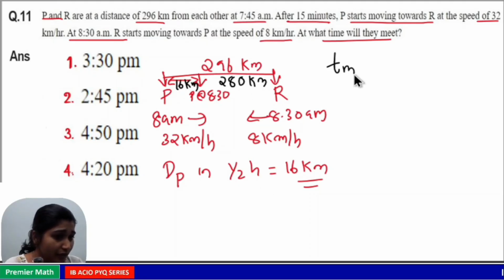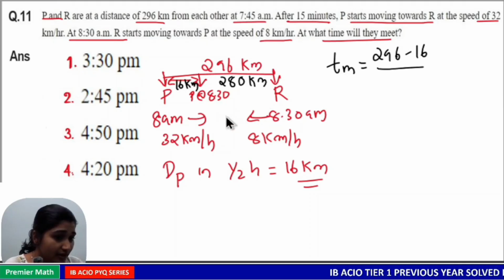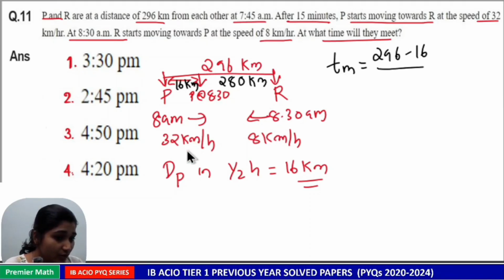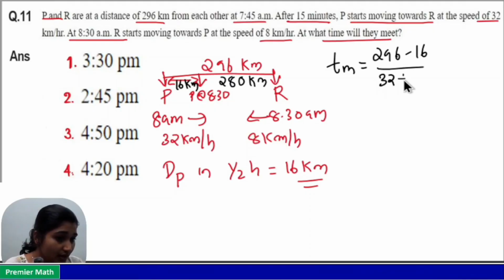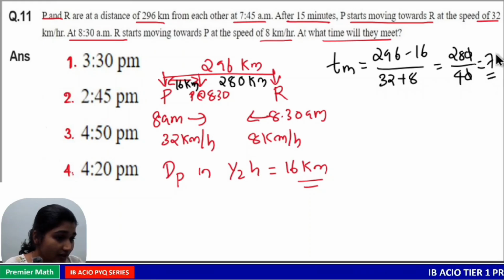Then time of meet is equal to 296 minus 16 divided by relative speed. Since both are traveling in opposite directions, 32 plus 8 is the relative speed. So this becomes 280 divided by 40, which is 7 hours.